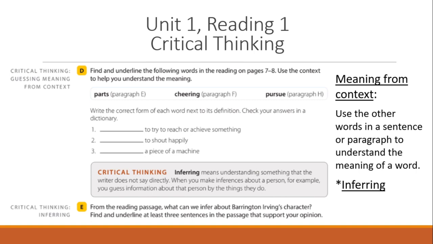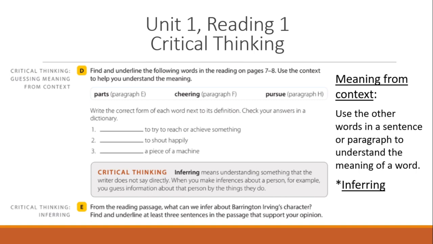Next, critical thinking. Well, what does it mean to infer? Inferring means understanding something that the writer does not say directly. When you make inferences about a person, for example, you guess information about that person by the things that they do. An example of inferring is if you saw somebody driving a very expensive car.